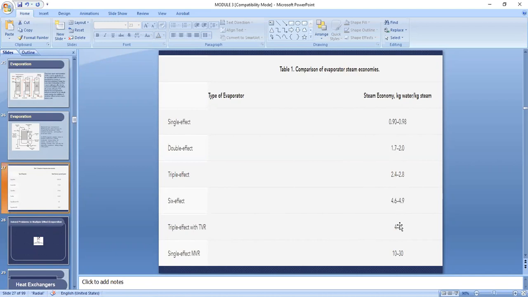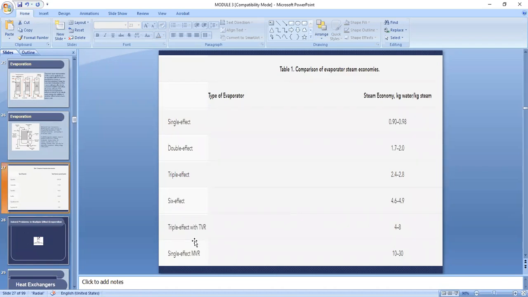If you compare, class, which of these systems that we have here on the left capitalizes or uses to the greatest extent the energy content of the steam, it's the single effect mechanical vapor recompression with MVR. So imagine 10 kilograms of water per 30 kilograms of steam.